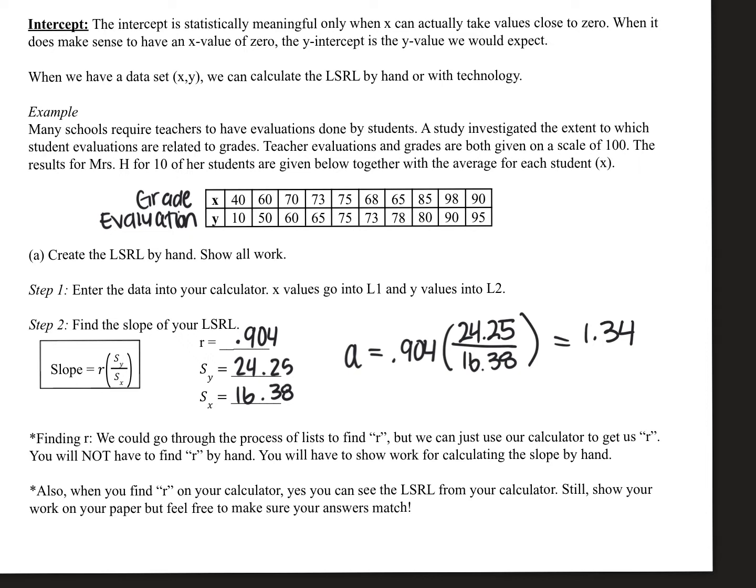Like I said, we're not going to have to calculate r by hand, so you're just going to get it from your calculator. This is where I'm coming back to that a: it does give you a when you find r. And this is a great way to check that the r and a we calculated by hand match the ones the calculator gave us.